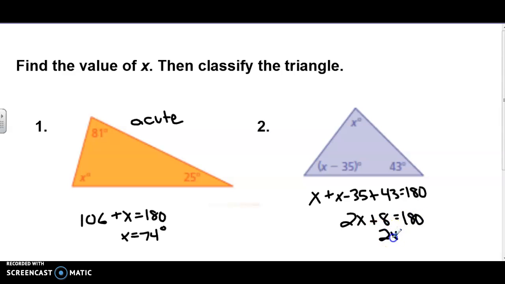So 2x equals 172. And x is going to equal 86. So that means we have an angle that's 86 degrees. This one would be 51. This is 43. So again, this one's also an acute triangle.